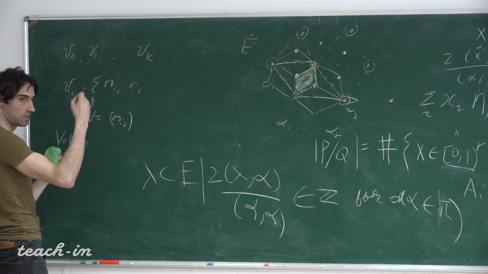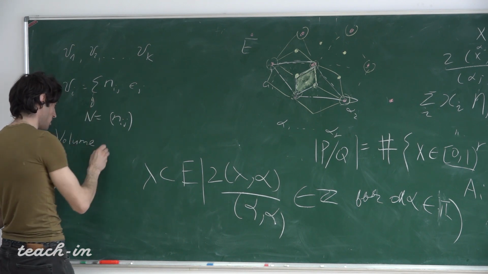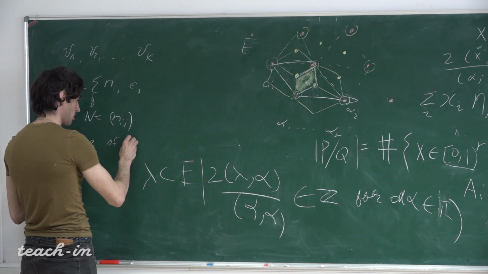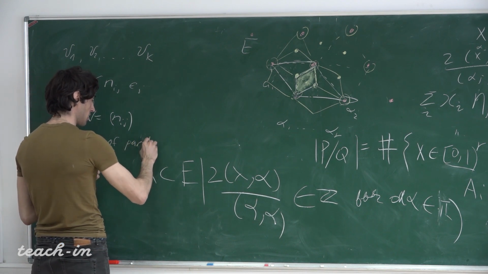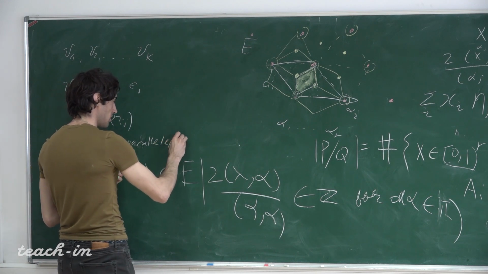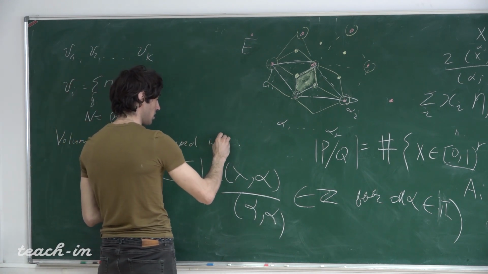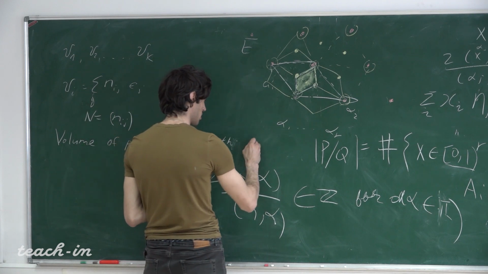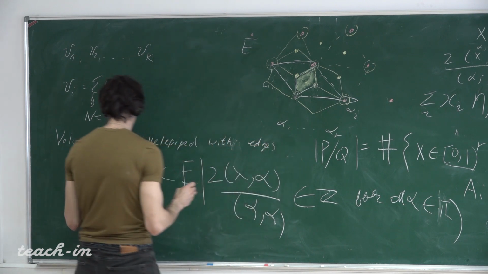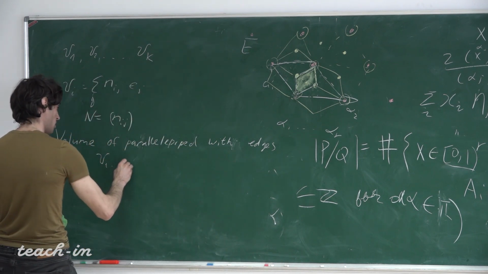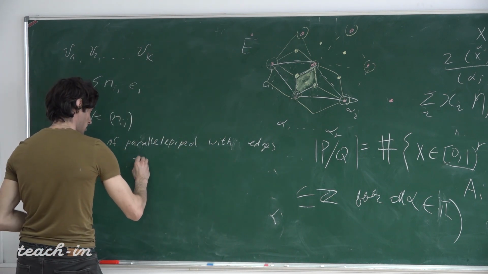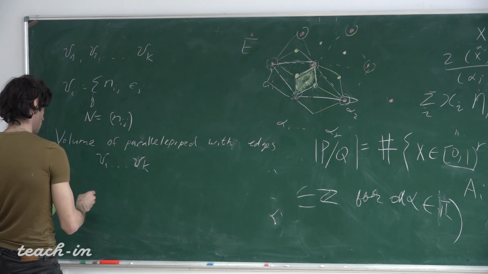It's like r-dimensional volume, right? Volume of the parallelepiped with edges V1, Vk is what?